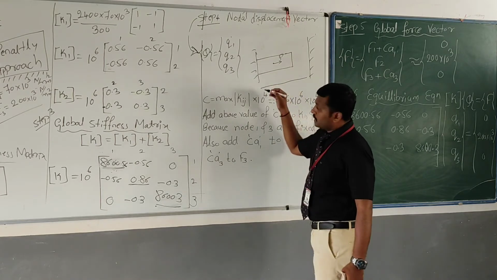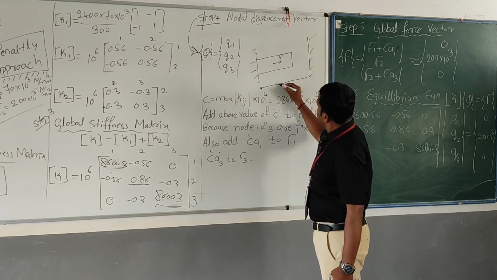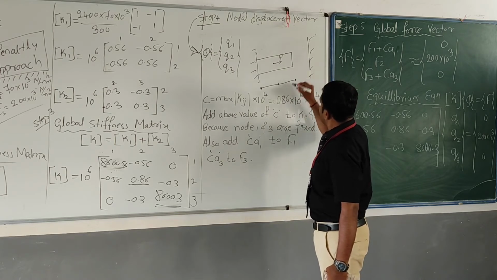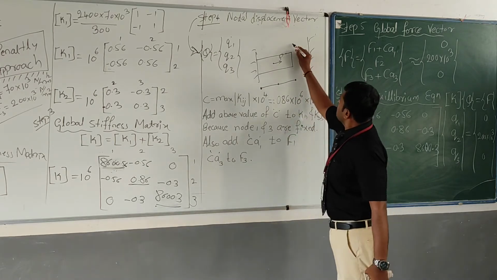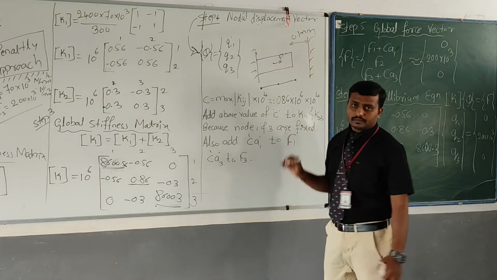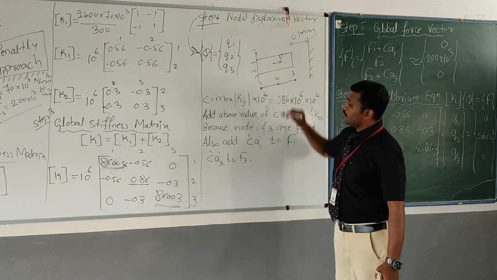At this end, there is one node. Here one more node. And at this end, there is one more node. Suppose this gap distance is given to you, 0.1 millimeter. See, this is node 1, this is node 2, this is node 3.